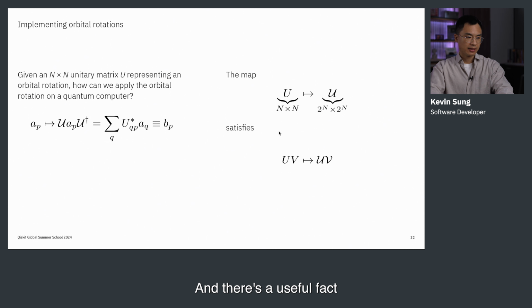There's a useful fact which we'll use, which is that the map from little u to big U satisfies what's known as a group homomorphism property. All that means is that if I multiply small matrices together, the big matrices also get multiplied.